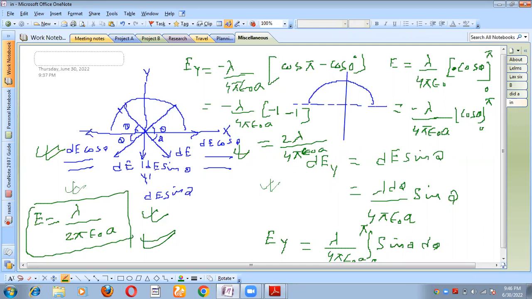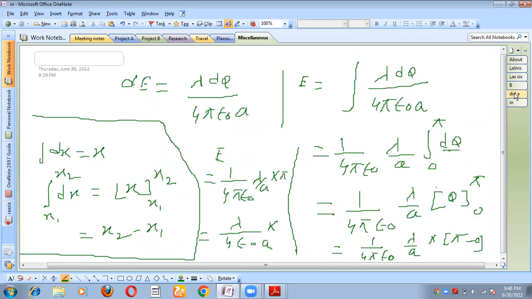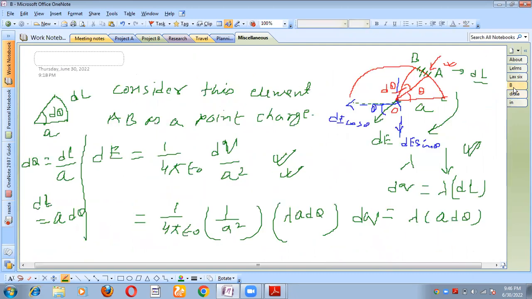So let me go briefly once again over the general method to solve such a question. First we have to consider a small element. Our first step will be to consider a small element at angle theta.